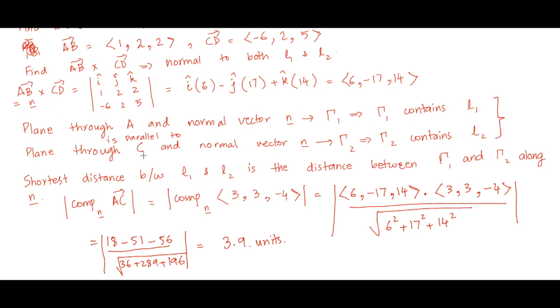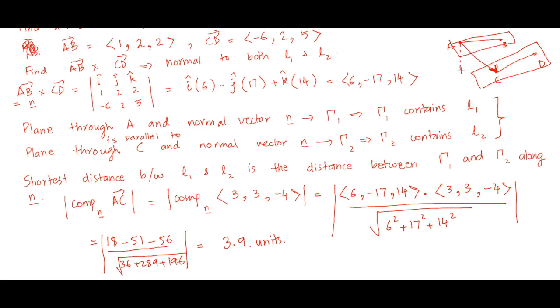Once you have established that the planes are parallel, all you have to do is find the distance between those two planes, calculated by taking a component. For example, this is my AB and this is my CD, and these are my planes.